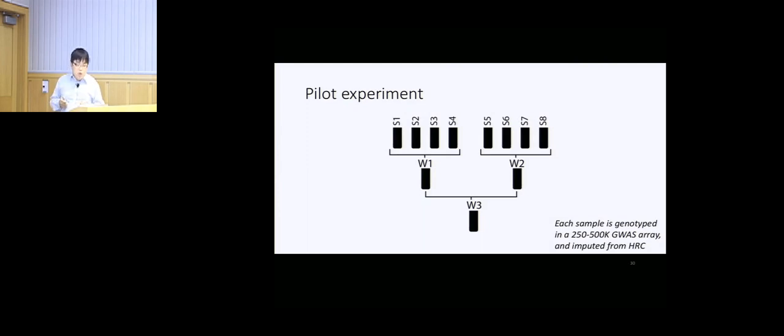The setting we have was all done in the Jimmy Yes lab at UC San Francisco. Each sample is genotyped, in this case on about 250K to 500K GWAS arrays, and the number of actually informative SNPs is less than 200,000. But it was imputed from the HRC panel, the Haplotype Reference Consortium panel.